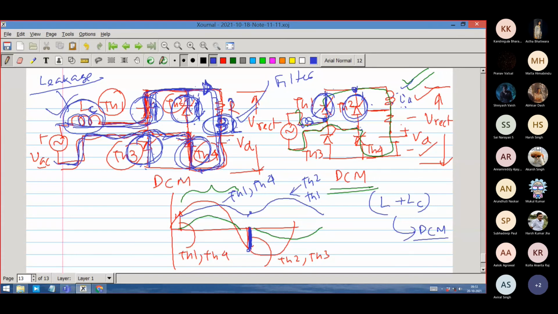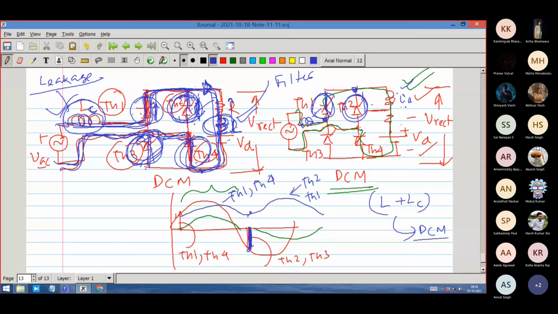But when the commutation is happening, after first conduction, you try to turn off these 2 thyristors and bring in TH2 and TH3. You have no other way of doing it other than just firing these 2, because you cannot turn off TH1 and TH4 immediately. They will be turned off by the circuit condition, and the circuit condition is that it has to see negative voltage and its current has to get transferred.